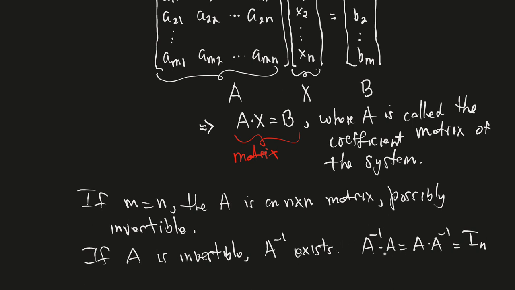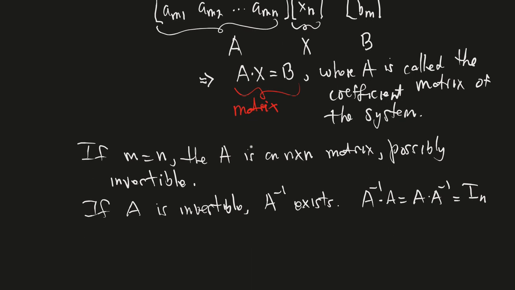And then what I can do is I can utilize this property as an alternative way of solving this particular system. So if I happen to know the inverse of my coefficient matrix, I can do this to get the solution, right?